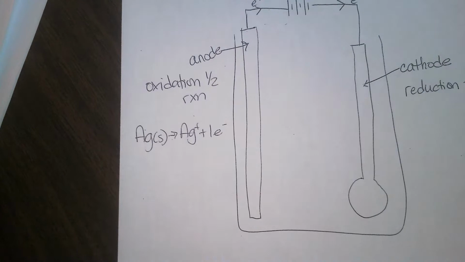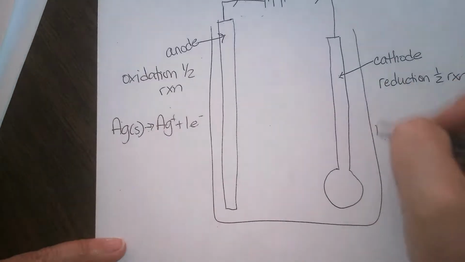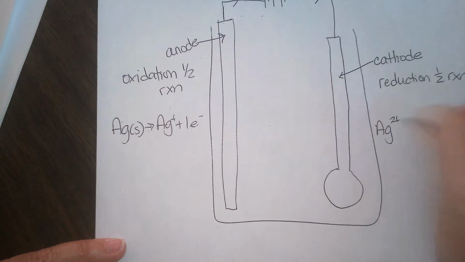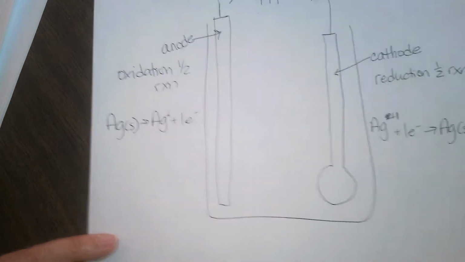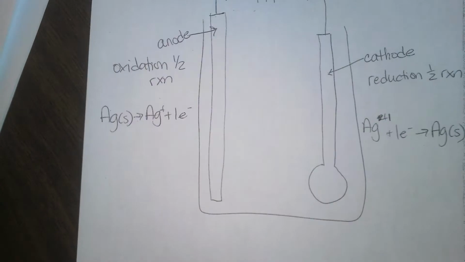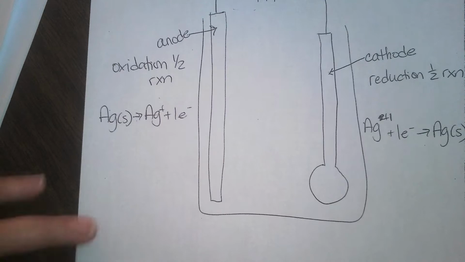Our cathode is what gets plated. So we're going to take our silver ions that are floating around, 1 plus, and plate it with silver, pure silver. Okay?